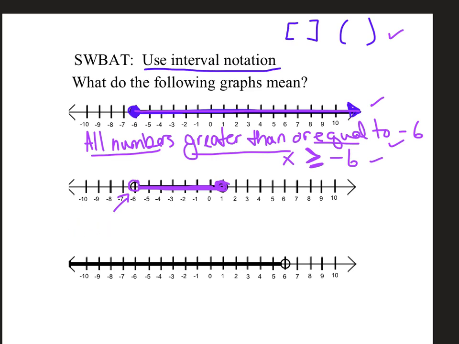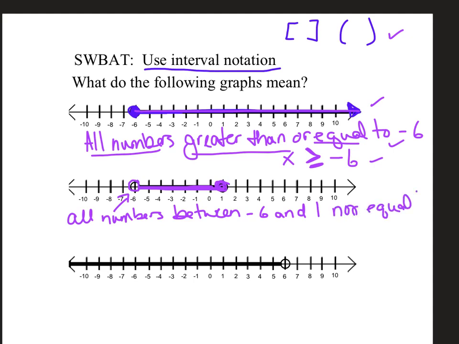So this says all numbers between -6 and 1, but not equal to -6.